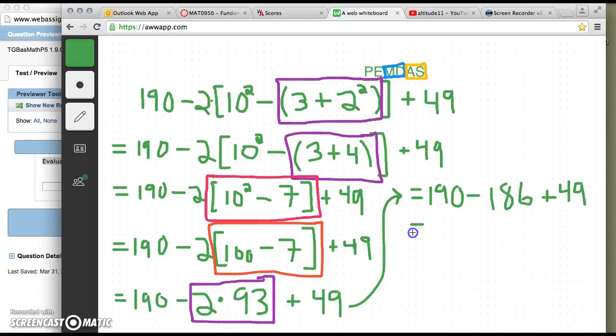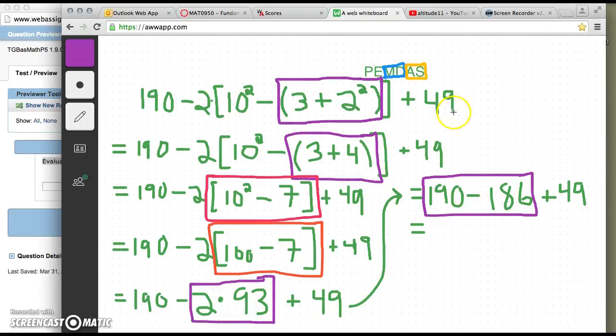So this is going to be equal to 190 minus 186. Well, 190 minus 186 is going to be 4. Just to keep our formatting here, I want to put this into the purple box because this is what we have to do next.